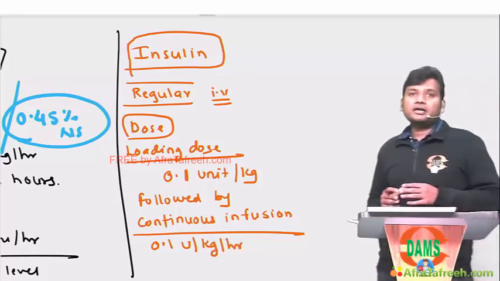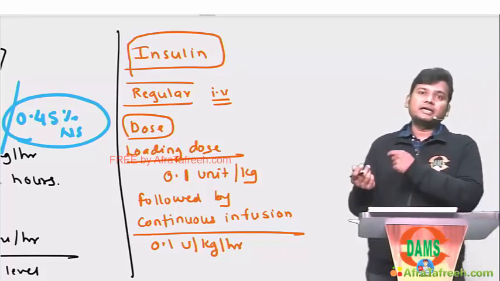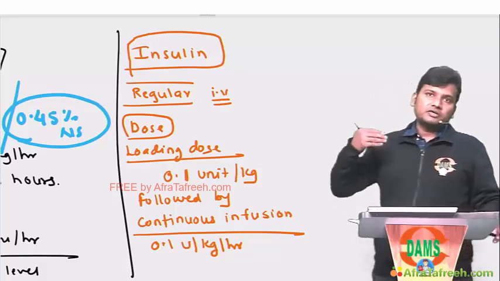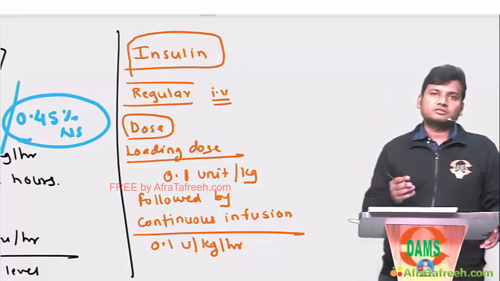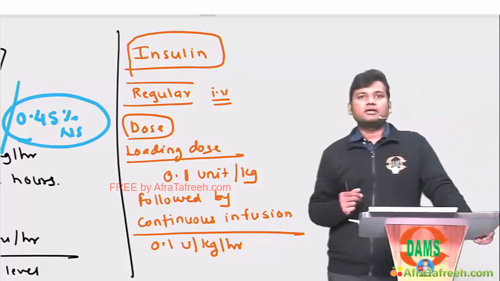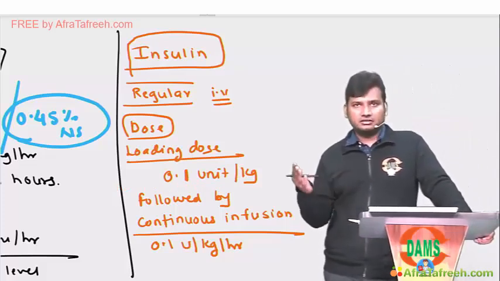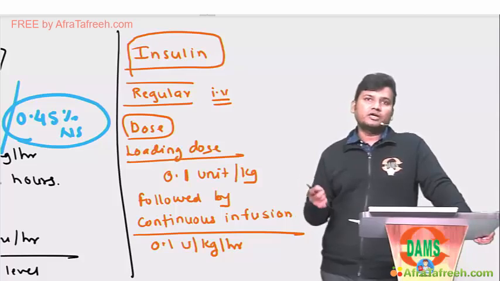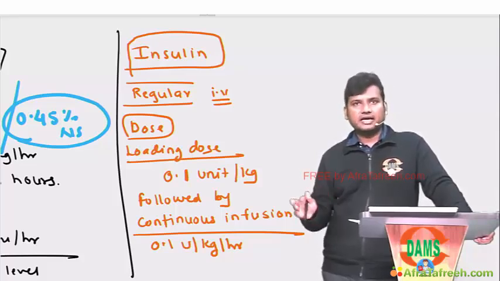So now we are giving regular insulin intravenously, okay, and we are giving insulin continuously. Just for example, if weight of patient is 50 kg, then we will give 5 units intravenous directly.